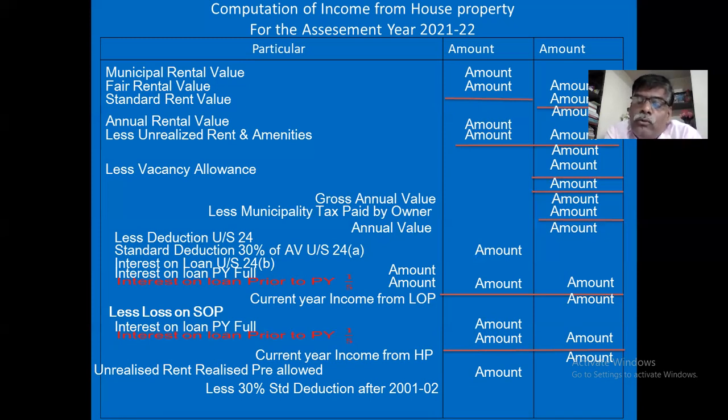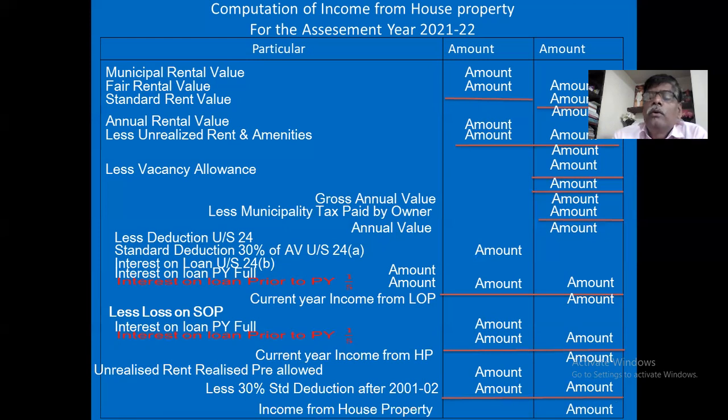If it is before that, no deduction. Remember this. Deduct the amount, and the remaining amount you take to the outer column. Take the total of the outer column. The outer column total is called income from house property. This is the simple format, covering all the aspects of income from house property. If you make this table perfectly, you will get the calculation of income from house property.